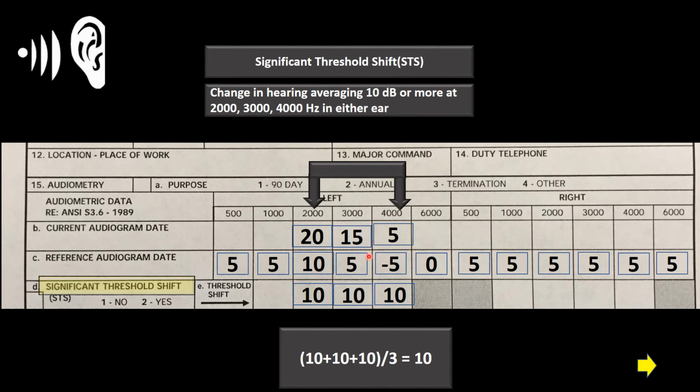So yes, this is a significant threshold shift, but no, it doesn't require an entry into the web-enabled safety system, because even though these values are worse than the initial one, they're not that bad. You still can hear normal speech at these sounds just fine.